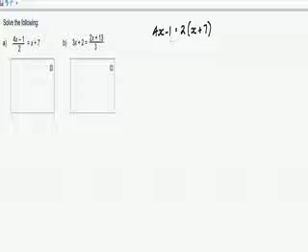So we've got rid of the fraction, but we've got a bracket, so I want to get rid of the brackets. So we have 4x minus 1 equals 2x plus 14, because remember it multiplies everything.